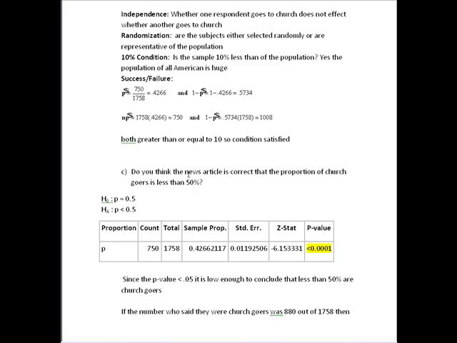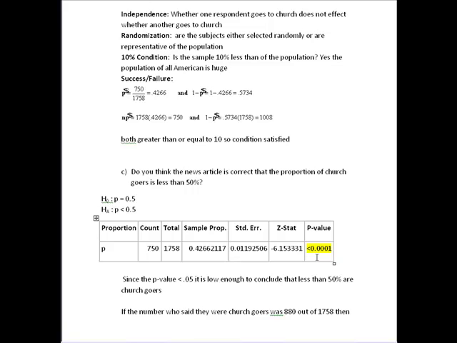Do you think the news article is correct in that the proportion of churchgoers is less than 50%? Well, let's check the null hypothesis and alternative that we constructed in Part A, and we're going to use StatCrunch to do that. We enter the number of churchgoers, which was 880, out of the total sample, 1758.